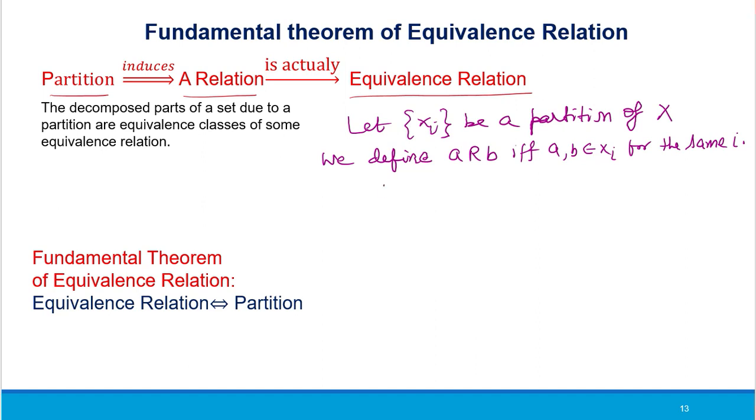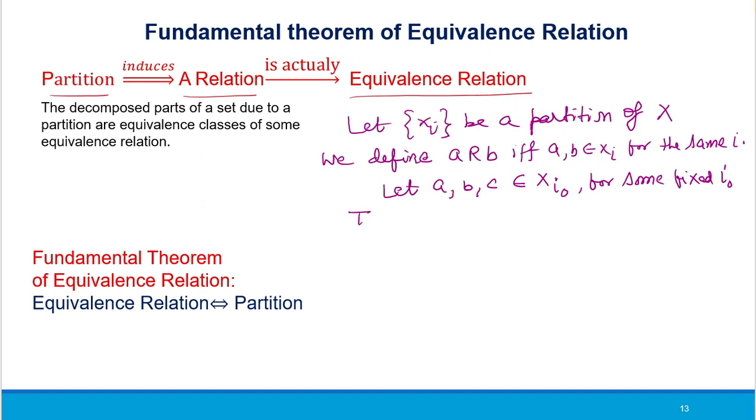Now let A, B, C belong to Xi0 for some fixed i0 belonging to index set.